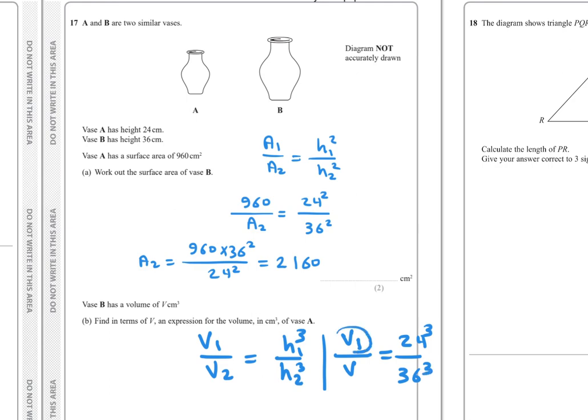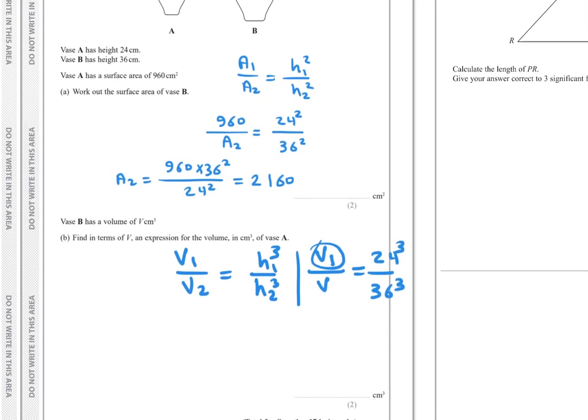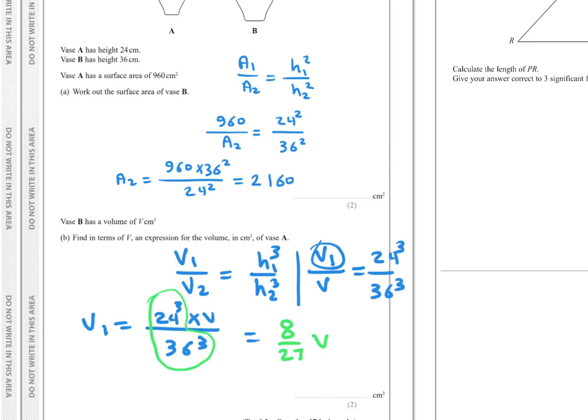Now to find V1 in terms of V, V1 equals 24 to the power 3 times V divided by 36 to the power 3. Use your calculator to find the simplest form for 24 to the power 3 over 36 to the power 3, which equals 8 over 27, so 8 over 27 V.